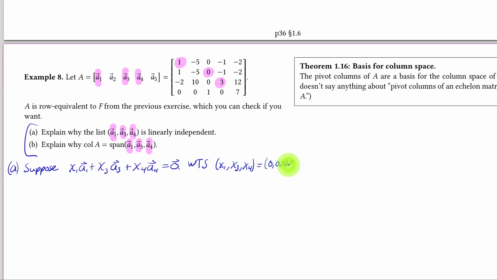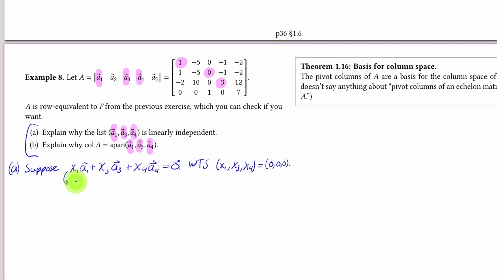And we know that this homogeneous equation can be written as a system of equations with this augmented matrix, like so.